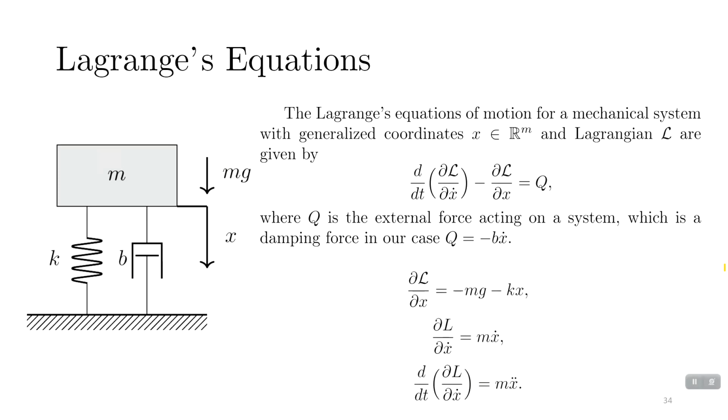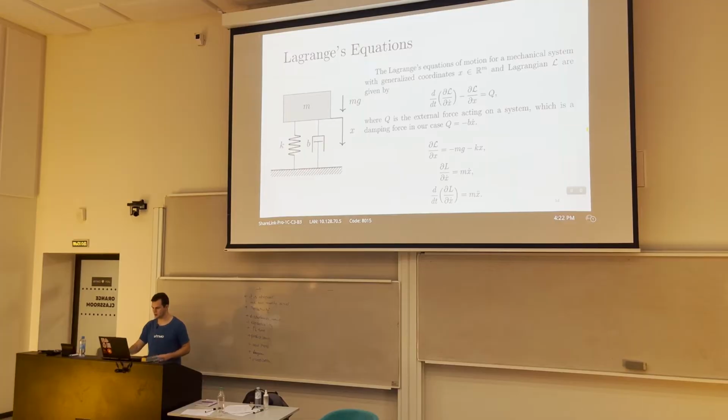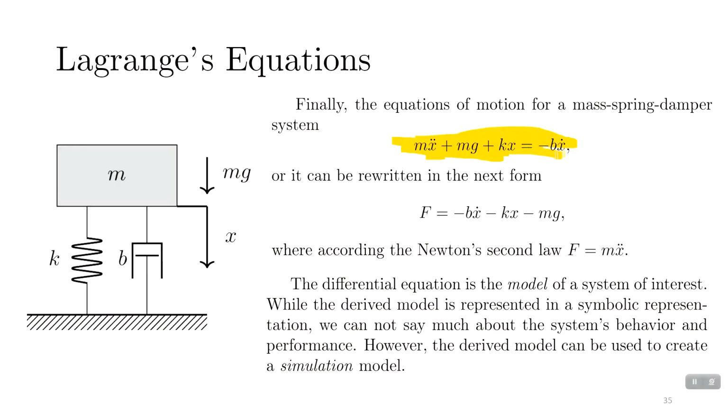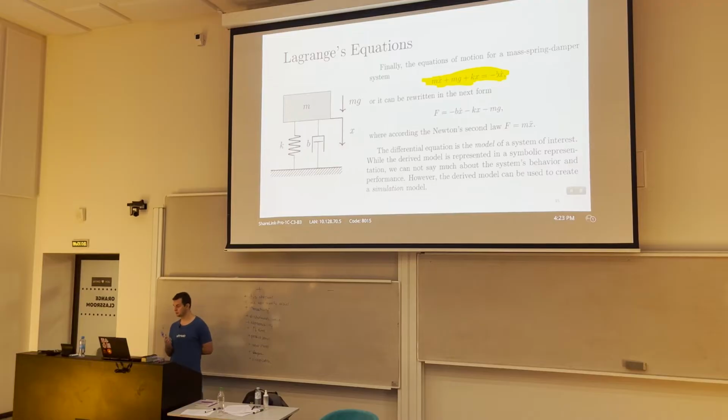And if we take the time derivative, x dot will become x double dot, so it will be mass times acceleration. So now we can put everything in the equation, and we will be left with this kind of equation. It's called the differential equation of motion, and it's the model that represents how our simple system behaves.